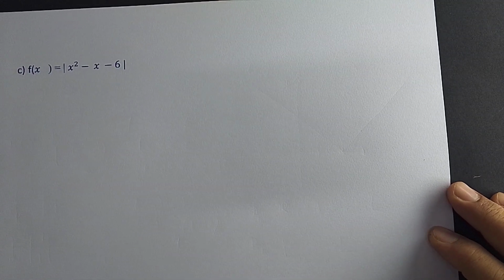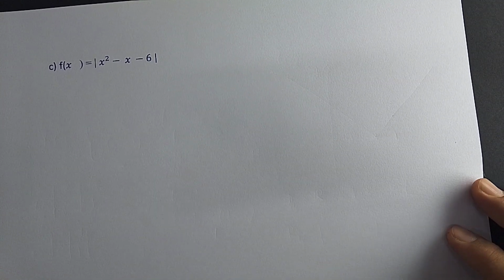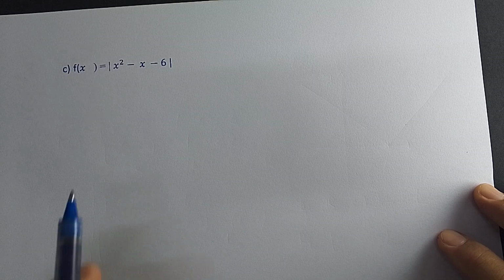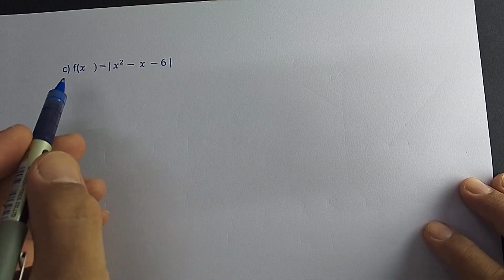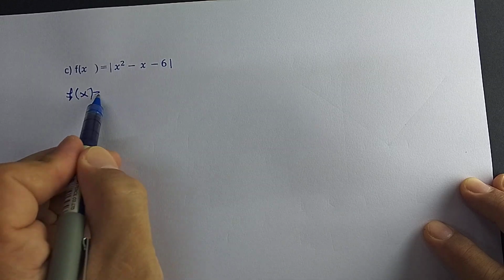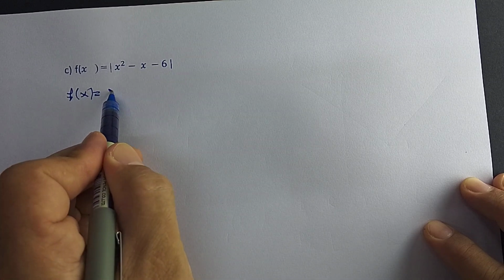Here, this quadratic function: f(x) equals the absolute value of x squared minus x minus 6. How can I do this one? First of all, I change the expression of f(x).